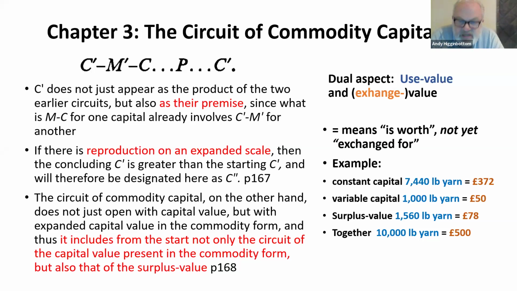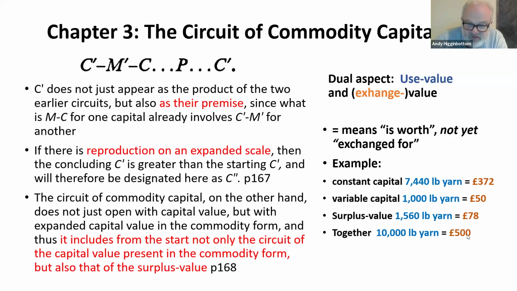The equal sign here means is worth. So when Marx says that 7,440 pounds of yarn equals 372 pounds, he's saying it's worth that much. That's an exchange relation even before the act of exchange itself. Okay, so these are the components in his example of this 500 pounds worth of yarn, which is not yet sold.